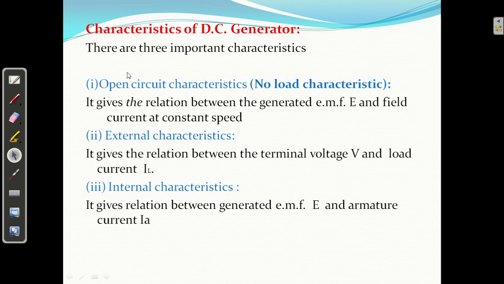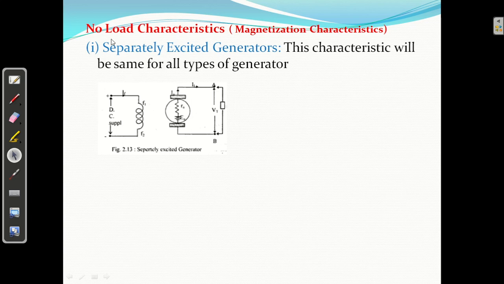Okay, so first one I am going to discuss, that is the separately excited generator, and I am going to discuss the no load characteristic or known as magnetizing characteristics. Okay, so this is the no load generator, sorry, separately excited generator. This is the armature, clear here, and this is the field winding.